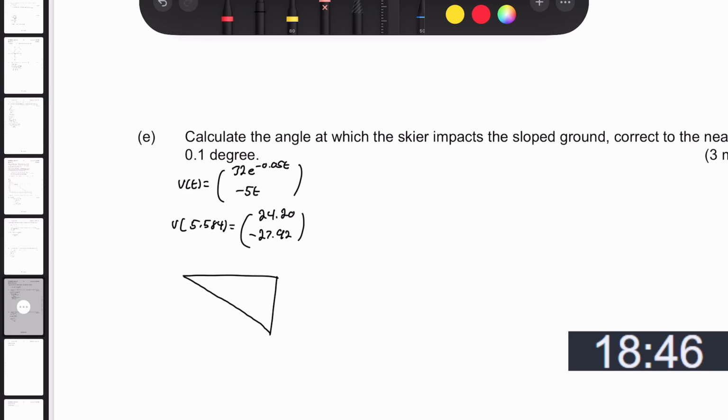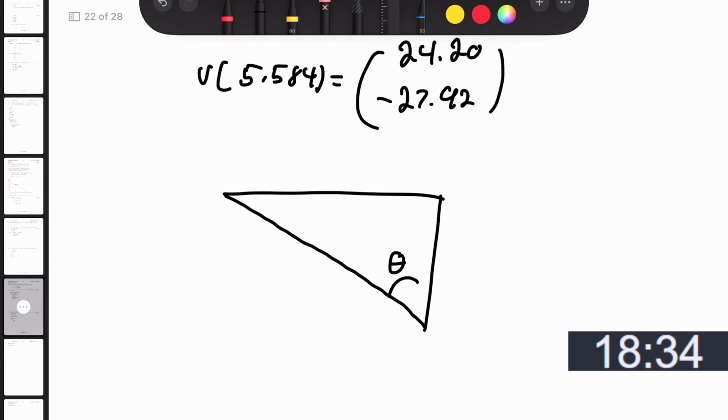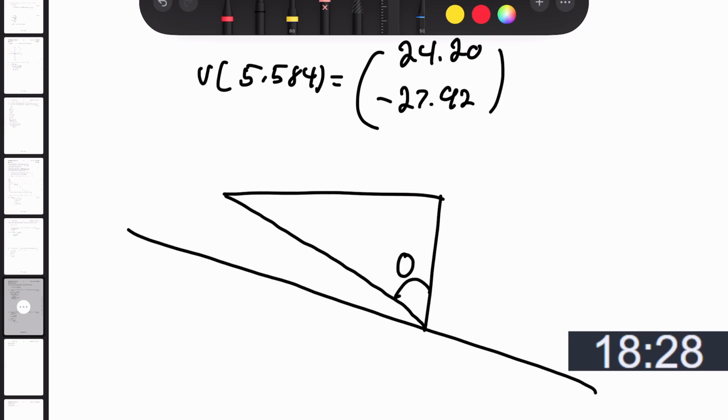Do I want this triangle? Is it going to be this theta? It's going to be this theta, because that'll be that.